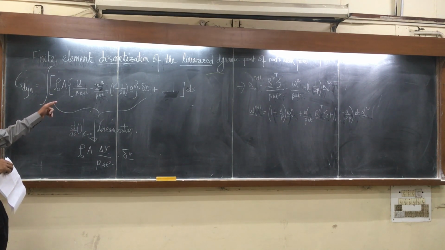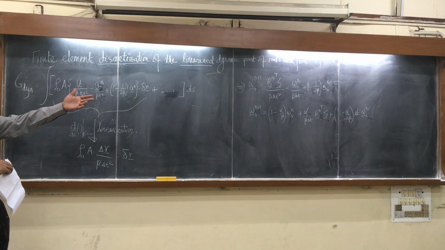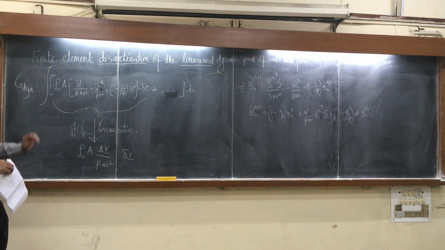What are the unknowns? The unknowns are u and the rotation theta. After solving this, you will get u and theta, which will lead you to the n plus 1 time step. This u is defined for the nth time step, between n and n plus 1.